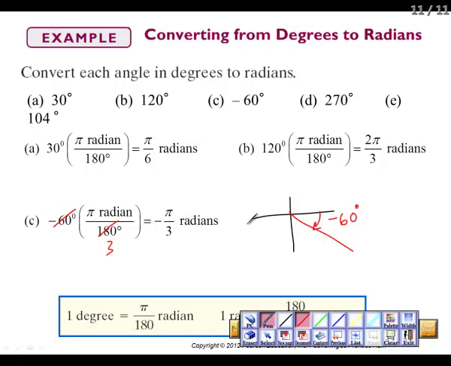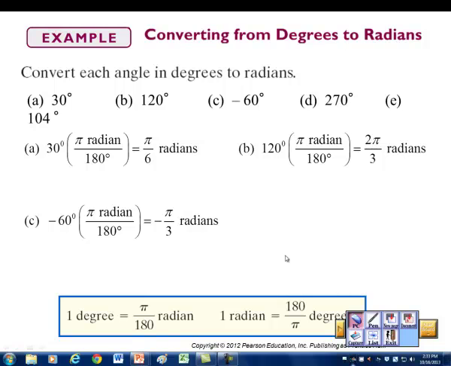It'd be like 1/3 of a pi, but going in the negative direction. The negative or positive is telling you which direction the angle is going in. Positive, it's going counterclockwise. Negative, the angle is going clockwise.